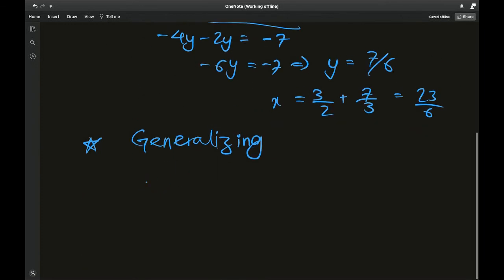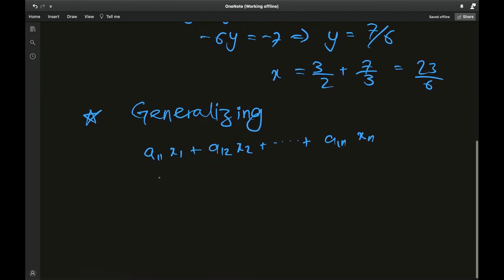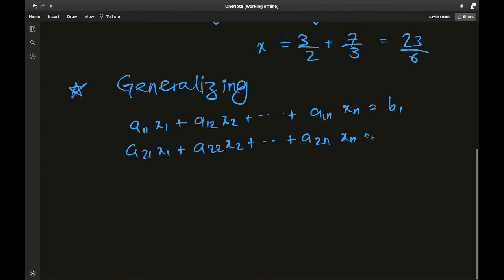This is about generalizing this idea to a system of equations that looks somewhat like this: a11 x1 plus a12 x2 plus dot dot dot a1n xn, a21 x1 plus a22 x2 plus dot dot dot a2n xn, and this is equal to, say, b1, this is equal to, say, b2, and we can do this, say, for m equations: am1 x1 plus am2 x2 plus dot dot dot amn xn is equal to bm.